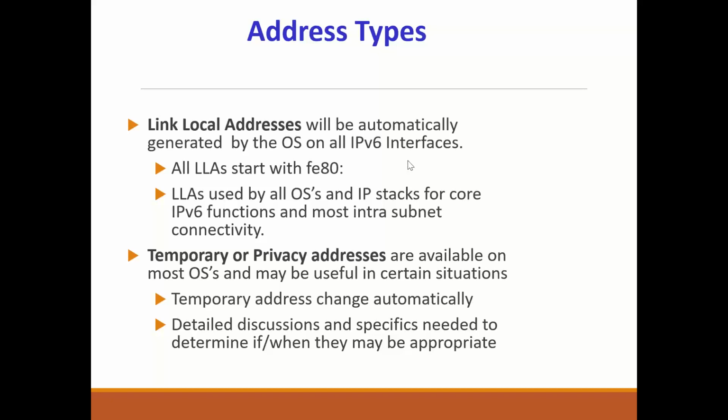For me, in some situations, temporary privacy addresses could be a good thing, and in certain situations, I want nothing to do with them because they're changing and they would cause me all kinds of problems. So just know that they're there for now, and I think we can go on to the next page.